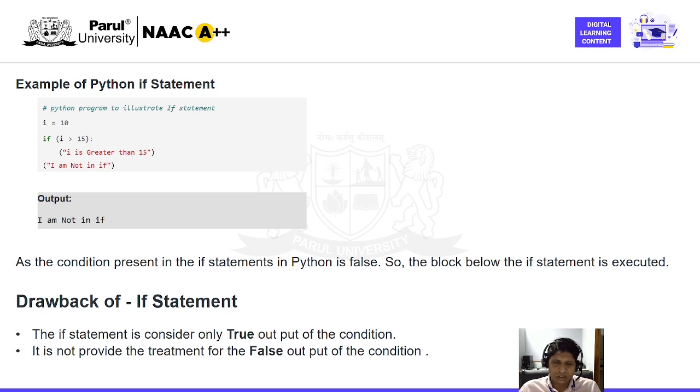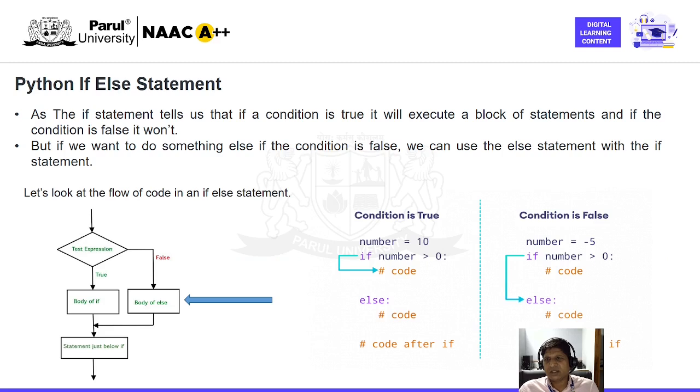The drawback of the if statement is solved by the next one, the if else statement. The if else statement is also a boolean, conditional statement in which there are two blocks: an if block and an else block. Whenever the given condition is true, the if block will be executed, and when the condition generates false output, the else block will be executed.